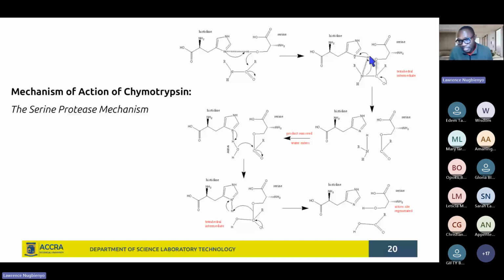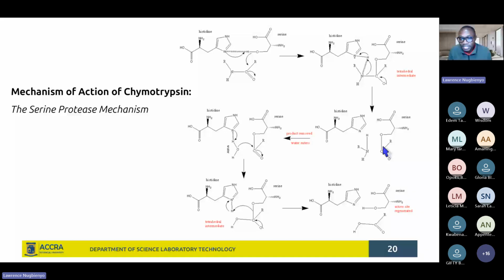The hydrogen that histidine accepted from serine is now donated onto that nitrogen. And that part of the protein molecule is released. And you see the carboxylic acid end, the C-terminus, is still bound to the serine residue.